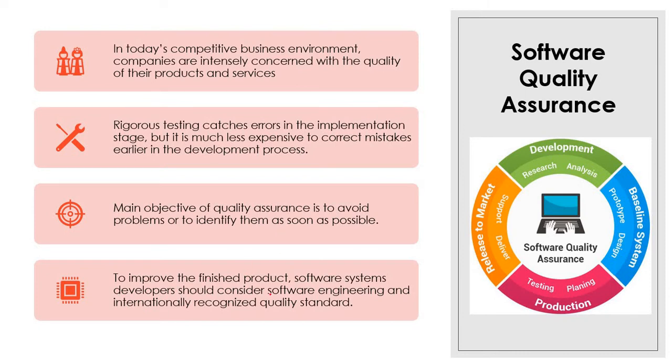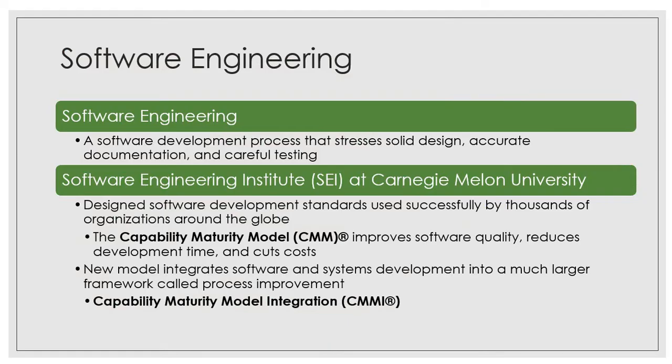To improve the finished product, software system developers should consider software engineering as well as the internationally recognized quality standards. Let's look at the first quality assurance part, which is software engineering.